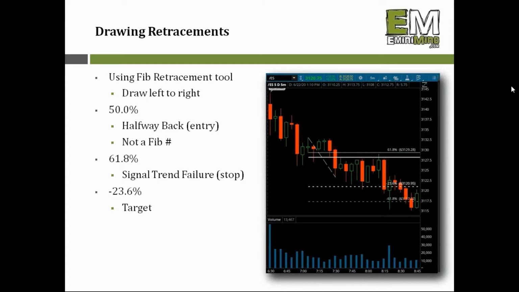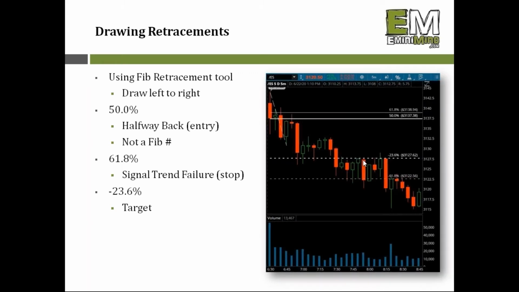So you can see, okay, if you're trading multiple contracts, and if we back up on the chart, you don't have to take the entire position off at the negative 23.